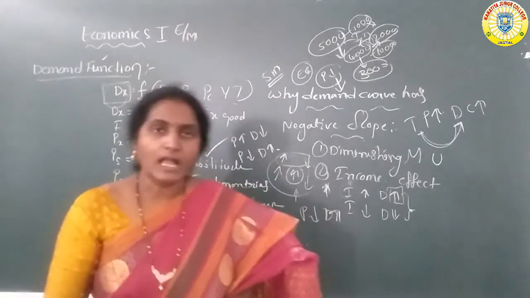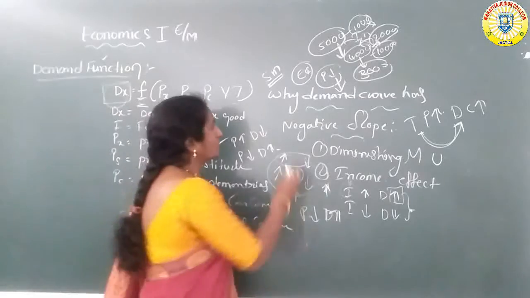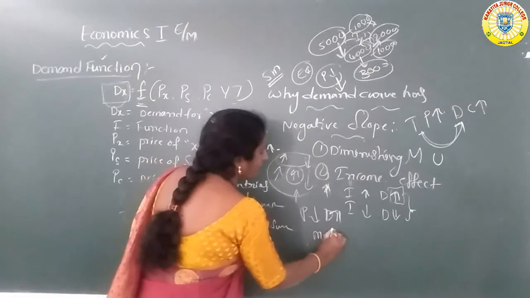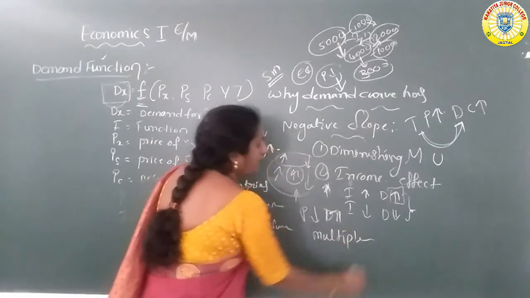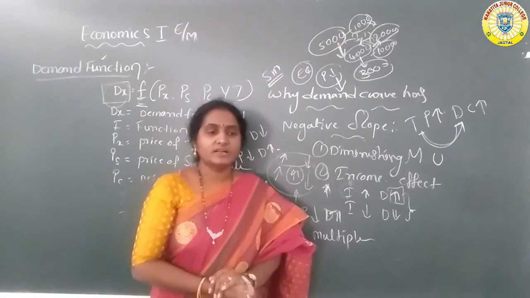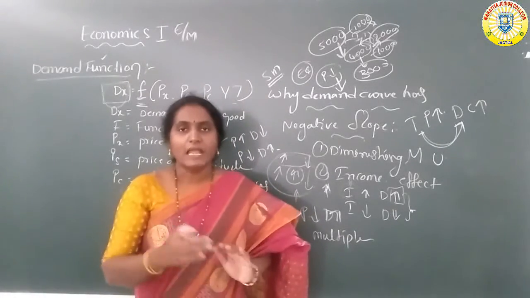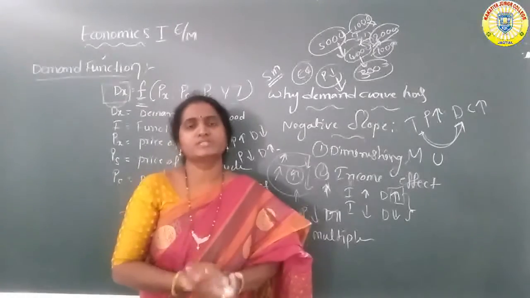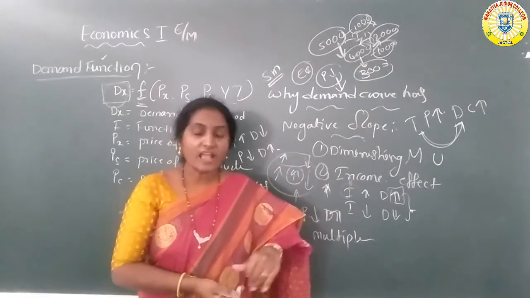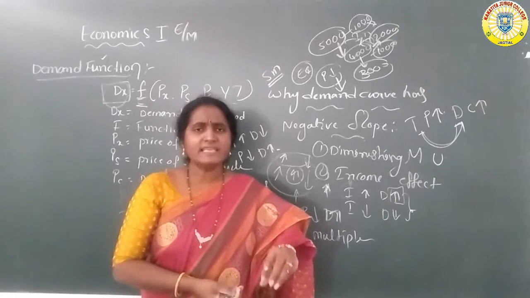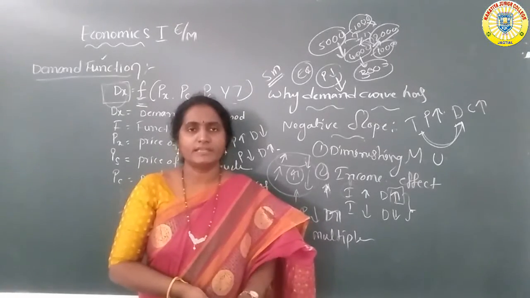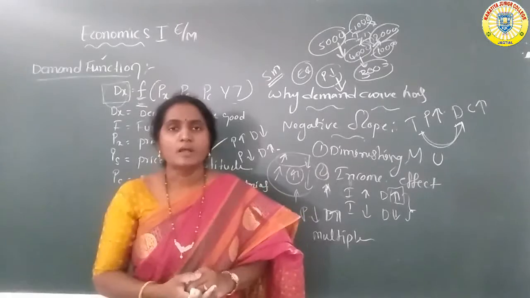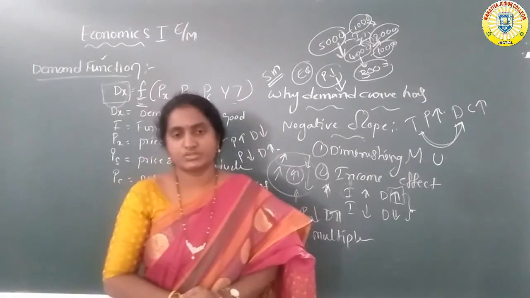And next one is the case of multiple-use goods. Multiple-use goods means, for example, milk, electricity, coal, this type. These goods have multiple uses. In the case of these goods, when the price level declines in the market, the consumer purchases more of these goods. Why?